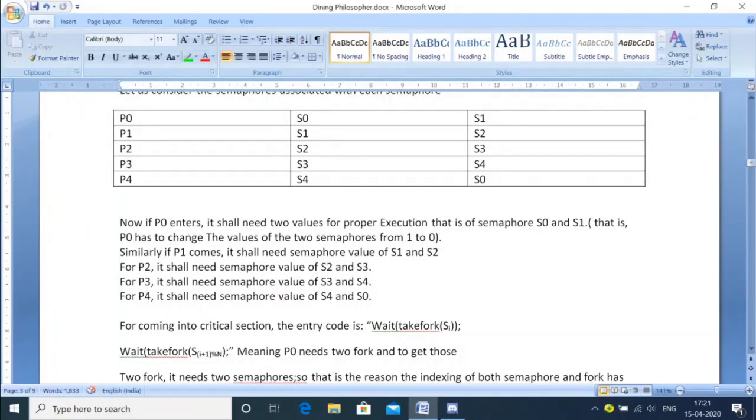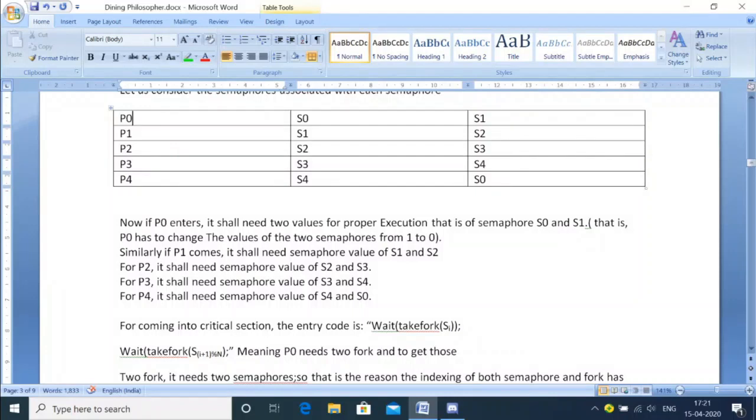That is the thing you have to remember. Again, if P0 wants to use the two forks, F0 and F1, then it has to set the semaphore values of S0 and S1 from 1 to 0.